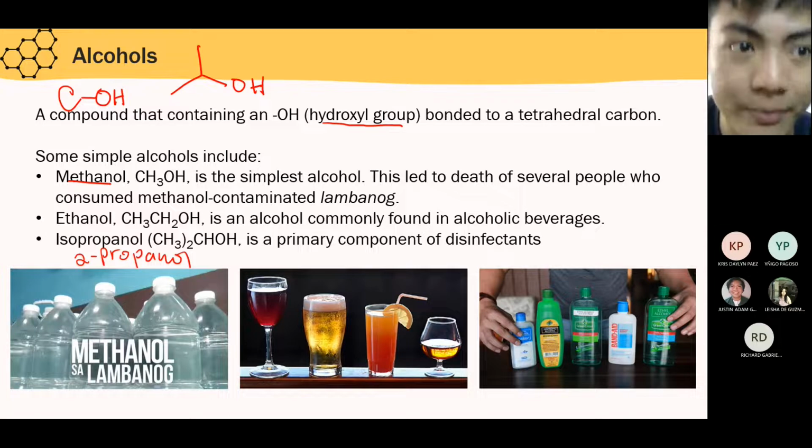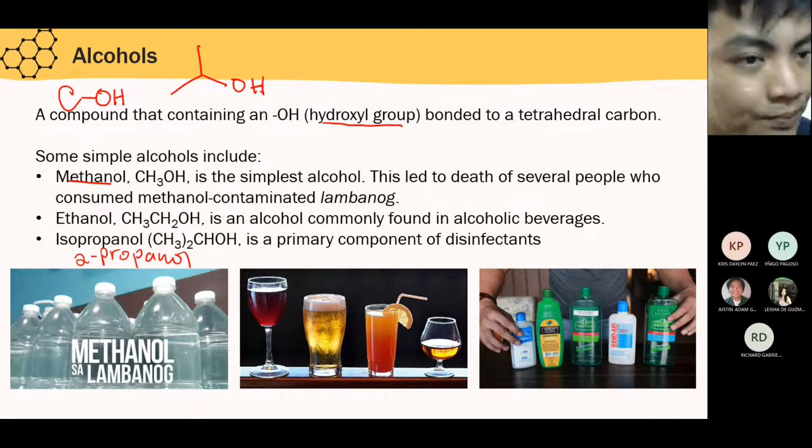Kaya siya nilagyan ng pampapait para hindi nyo tikman. Okay? But the ethanol, galing yan sa natural product, glucose. So, pwede mo talaga siya inumin. Okay? So, those are some of the examples of alcohols.